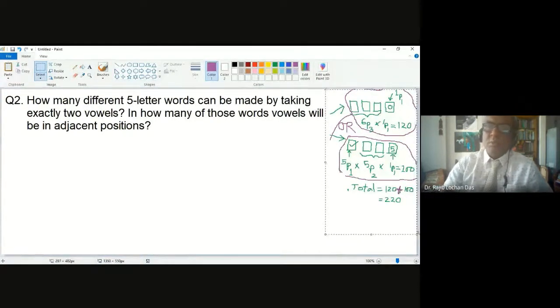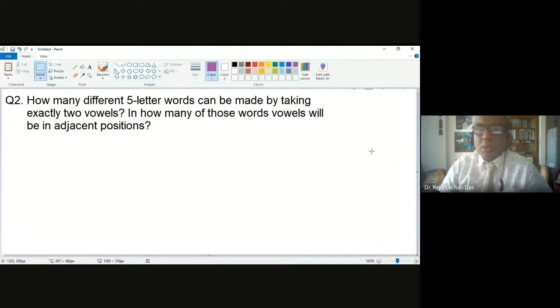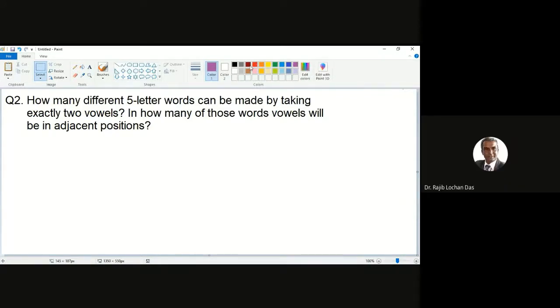So we are talking about those. Now, what do you think? How can you answer this? There will be 5-letter words. So that means there will be 5 positions. Okay, so there will be 5 boxes like that.